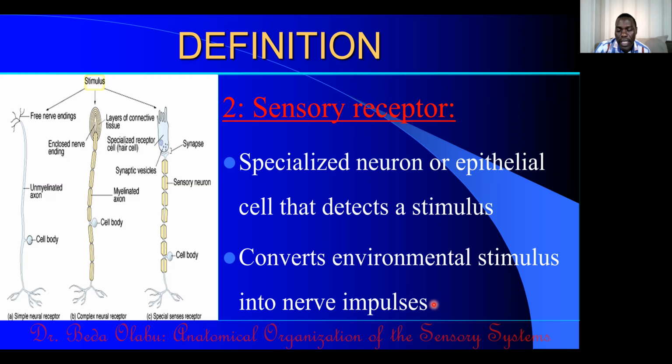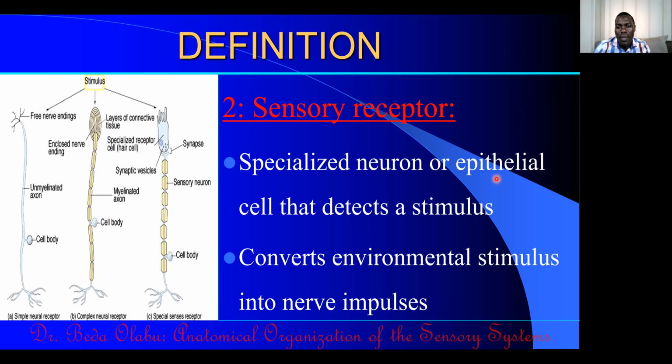And if something can convert environmental stimulus into action potential, then it qualifies to be called a sensory receptor. These are usually some specialized neurons or specialized epithelial cells.